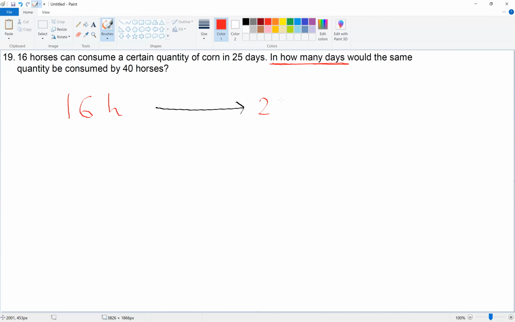Lastly, 48. The last one, yeah, 24 times 40 over 48. I mean divide, and then divide by 48.